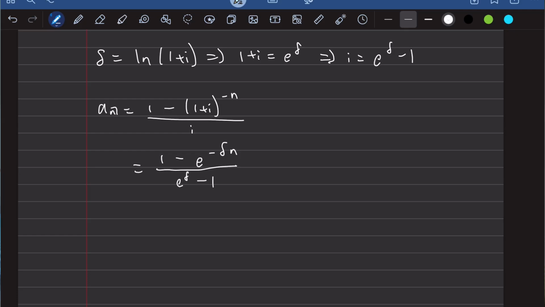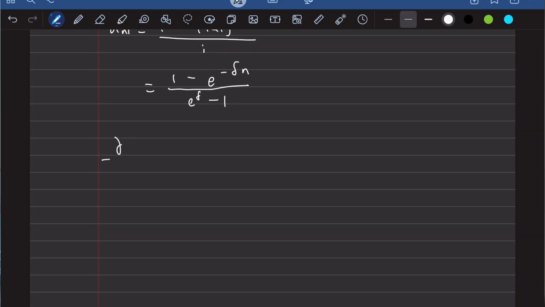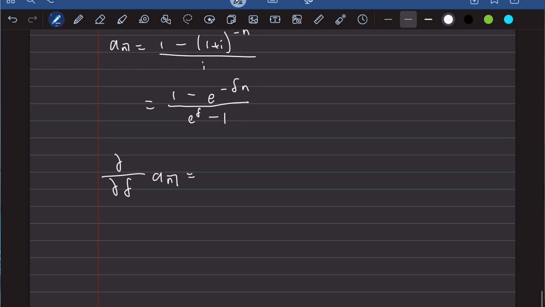Okay, so now all we need to do is do the partial derivative in terms of delta. We're going to use the quotient rule here, so we're going to have to do the derivative of the top times the bottom.